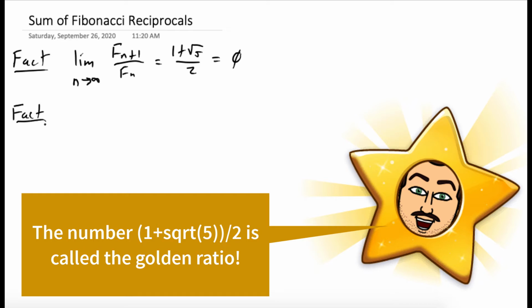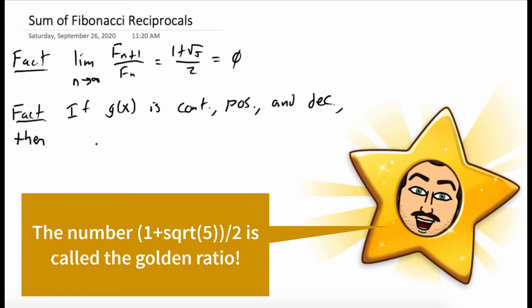The second fact that we're going to use is, if we have a function, which we'll call g, and it's continuous, positive, and decreasing, then the following inequality holds.